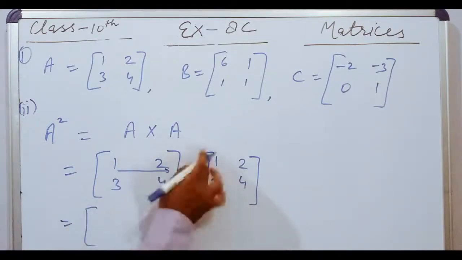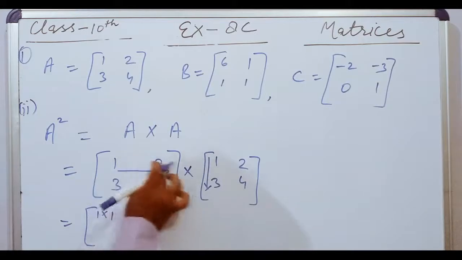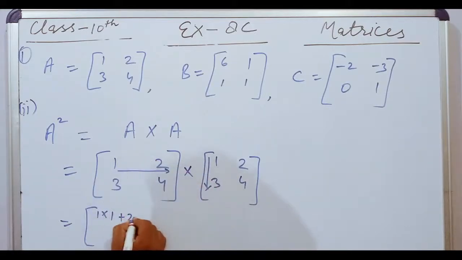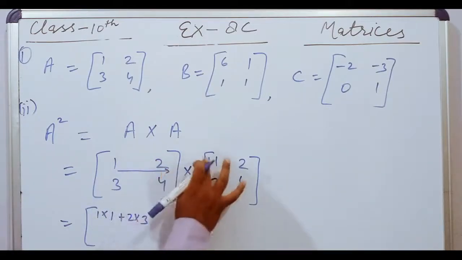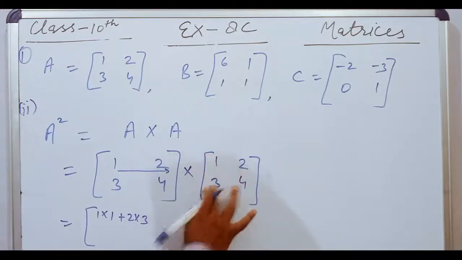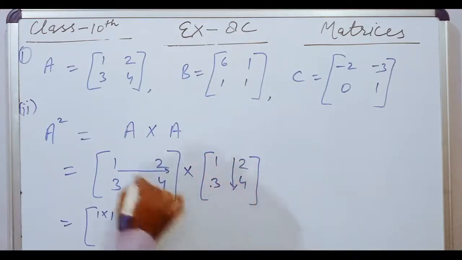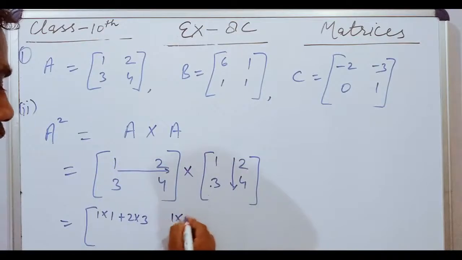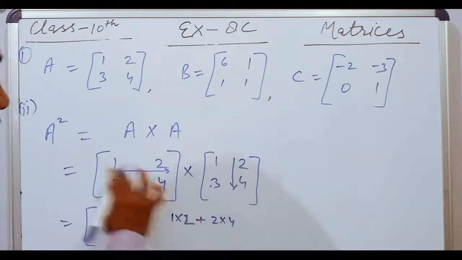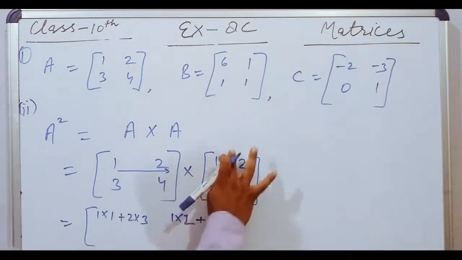First A11: 1 into 1 plus 2 into 3. Then A12: 1 into 2 plus 2 into 4.